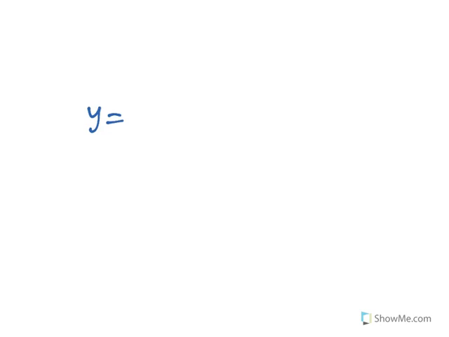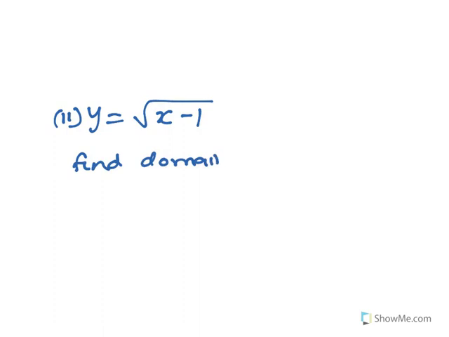So say we have y equals root x minus 1, and you wanted to find, first of all, the domain and range of that, and then we'll find the inverse.